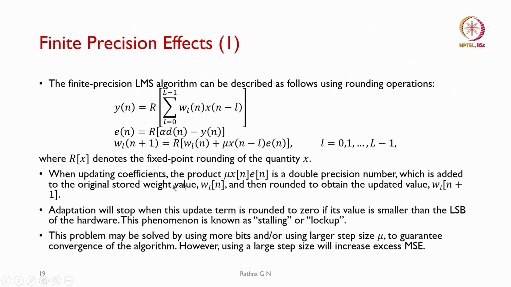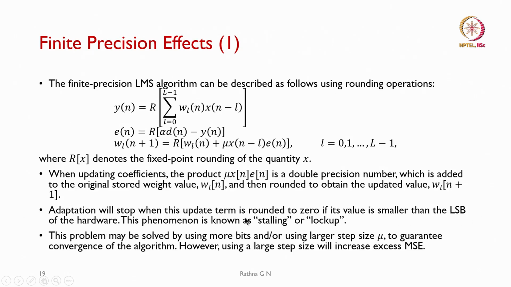This is added to the original stored weight value w_l of n, and then rounded to obtain the updated value w_l of n plus 1. So, adaptation will stop when this update term is rounded to 0, if its value is smaller than the LSB of the hardware we consider.